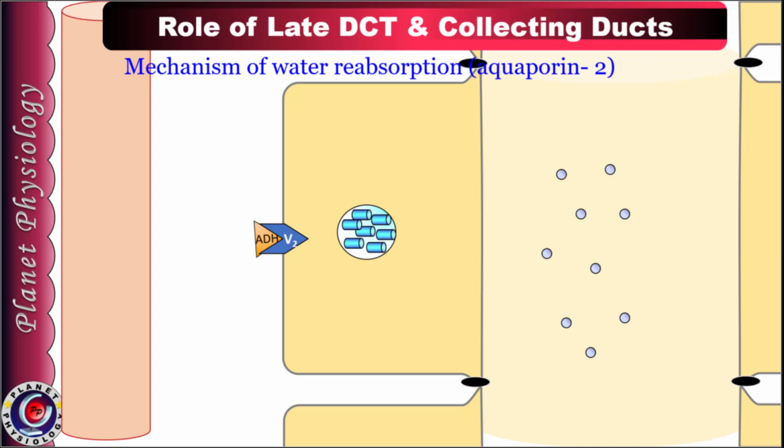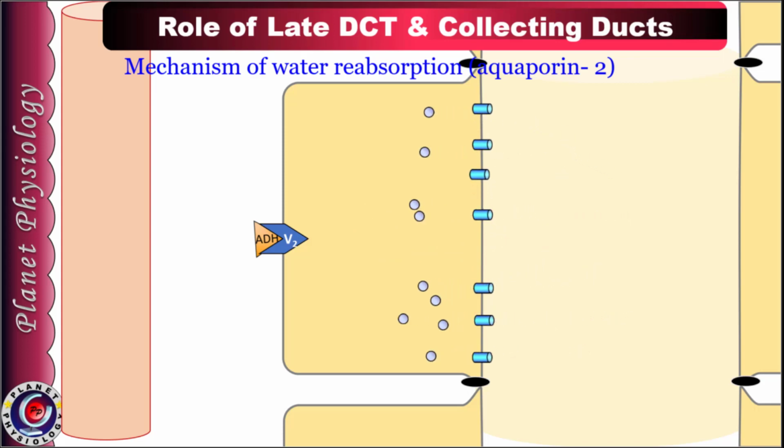This in turn increases intracellular cyclic AMP concentration, causing vesicles to fuse with the luminal border. Thus, there is insertion of aquaporins into the luminal membrane. Now the membrane becomes permeable to water and water moves through these aquaporins into the cell and then into the interstitium.